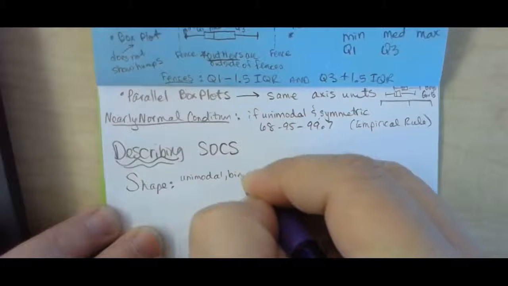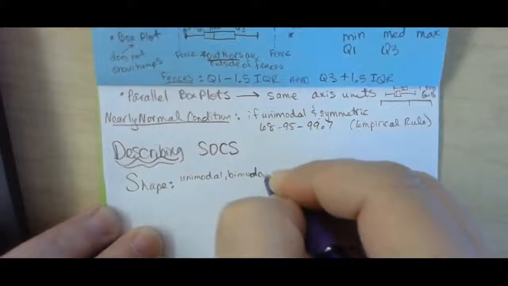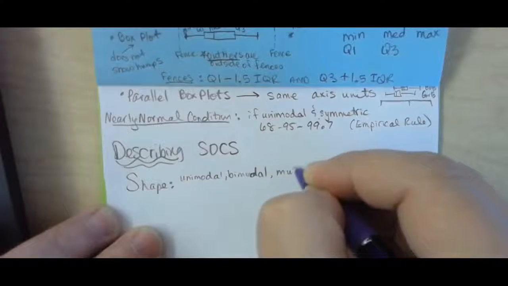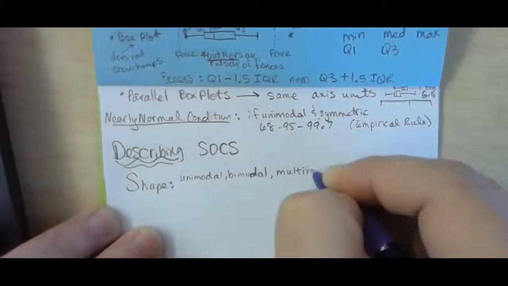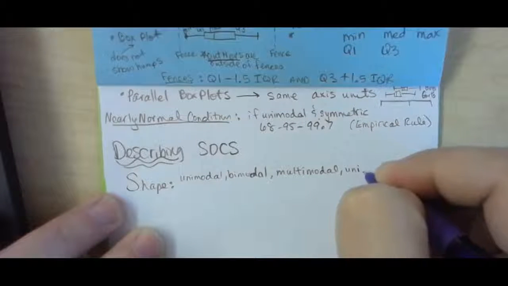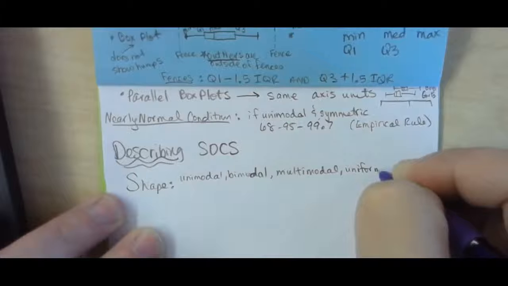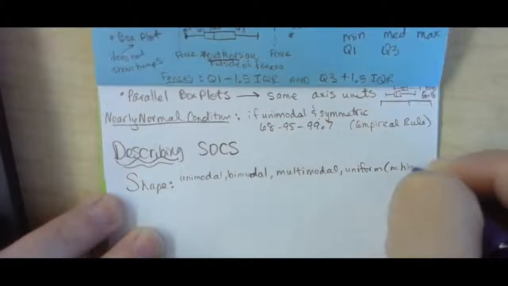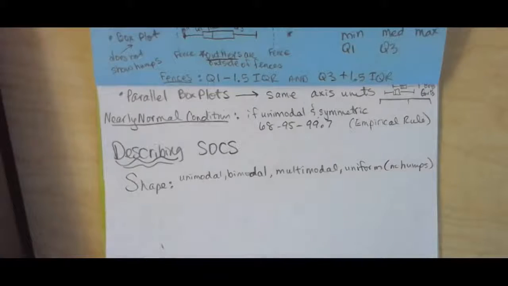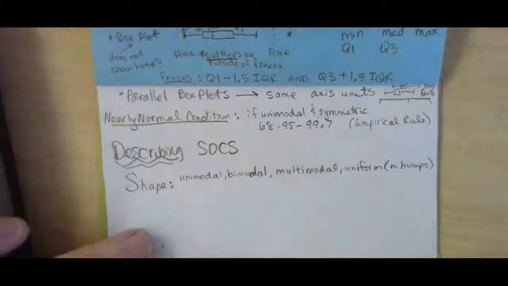It could be bimodal, which is 2 humps, multimodal, which is more than 2 humps, or uniform, which is no humps. Remember, to signify a hump, there needs to be several bends between them. If you go down just for one bend and then come back up, I would not consider that multiple humps.